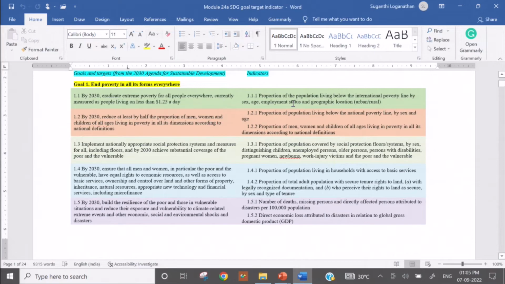This is the indicator used to measure whether we can achieve the target, and if we have achieved the target, it tells us whether we have reached the goal.